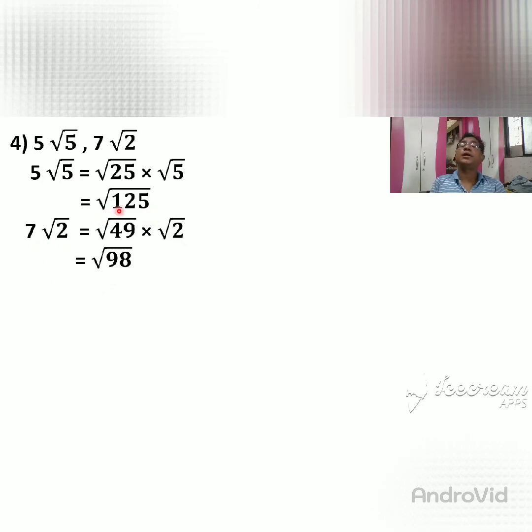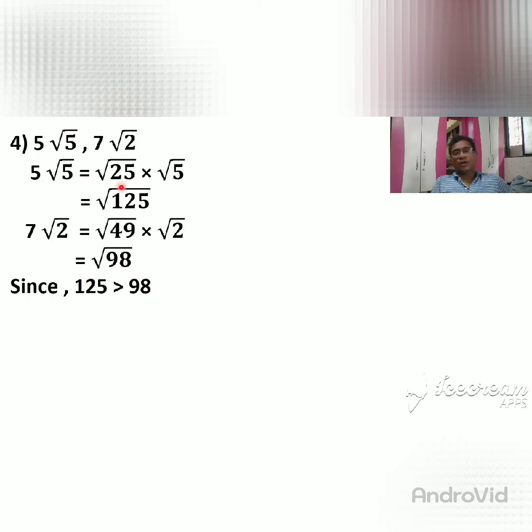The order is the same, 2. So comparing the square root numbers, 125 is greater than 98. So 5 root 5 is greater than 7 root 2, because we are comparing the numbers 125 and 98, and 125 is greater than 98.